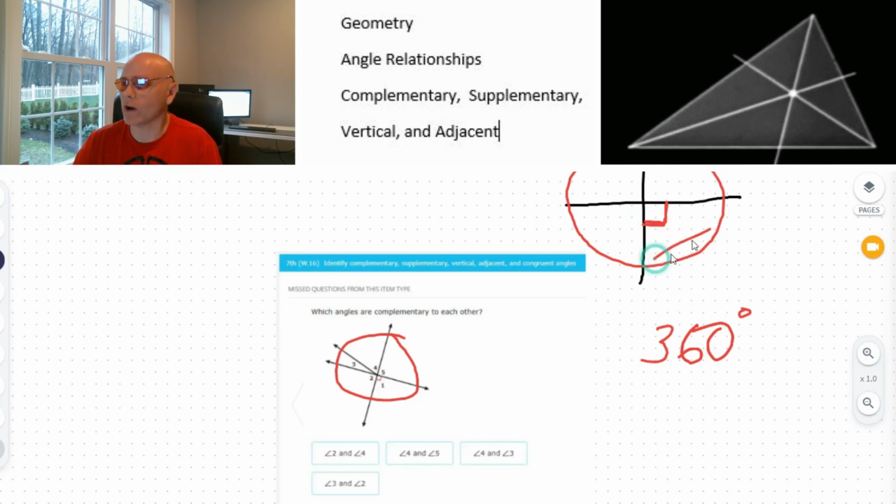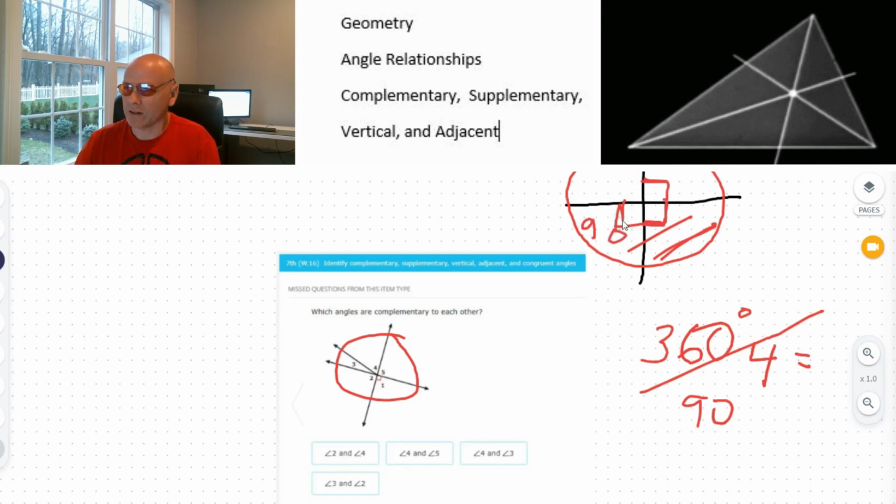So that's 1/4. So we know 1/4 of 360 is 90. Right? Well, what else do we know? Since this is divided into 4 spaces equally, this is also 90. This is 90. This whole section must be 90, right?